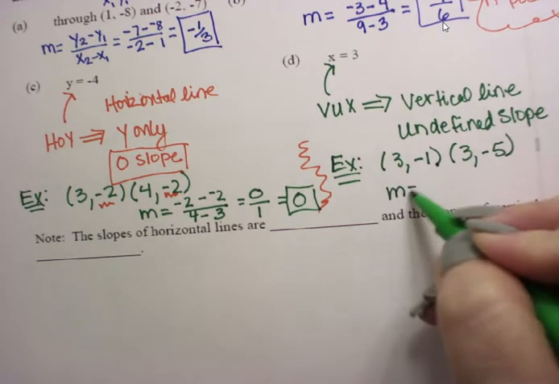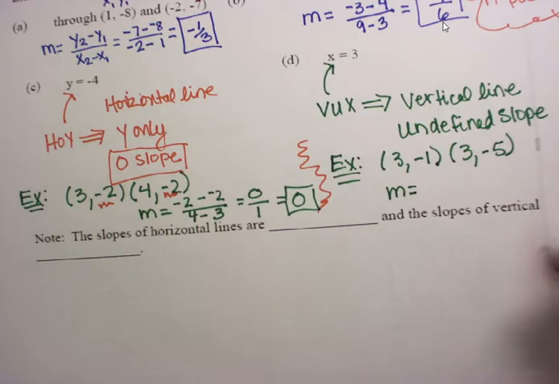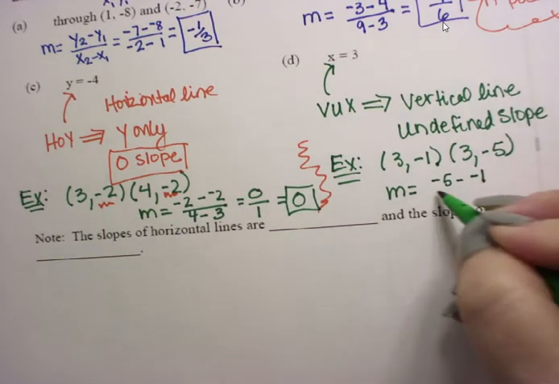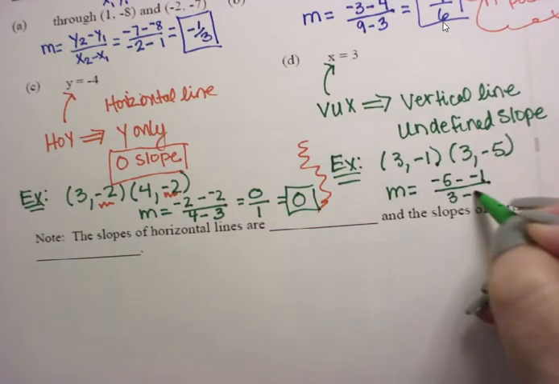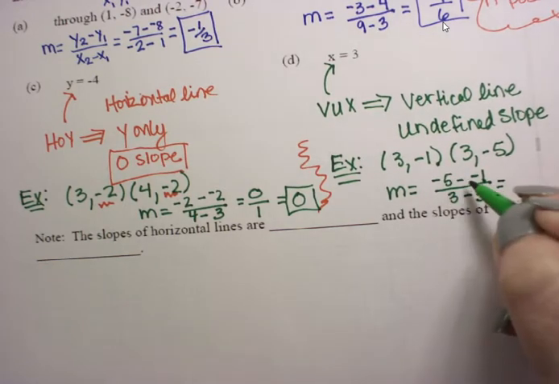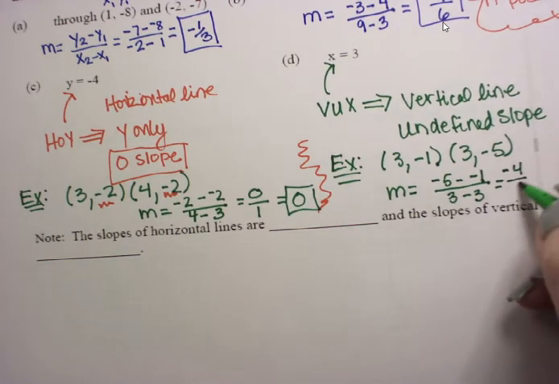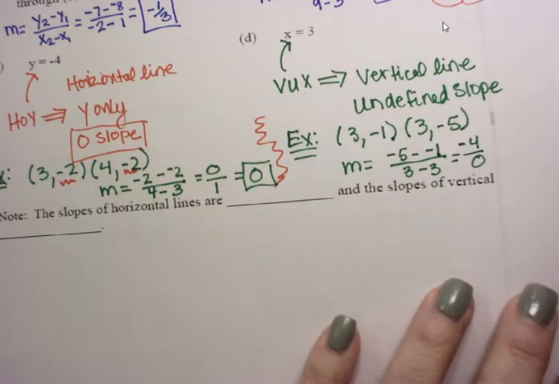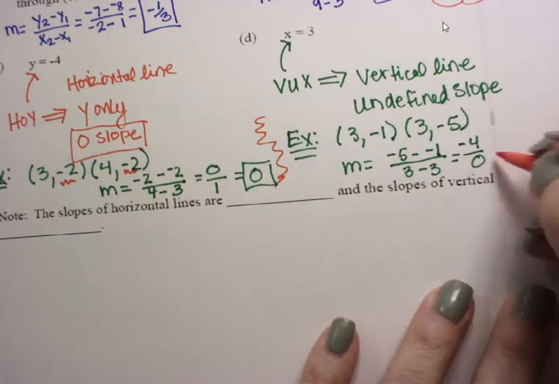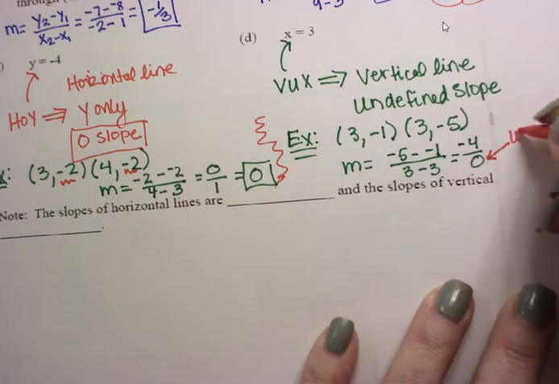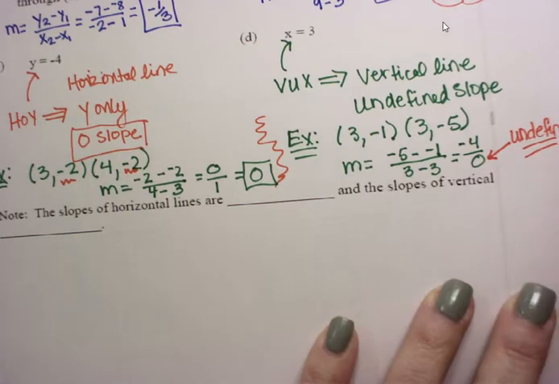If we find the slope, we would do -5 subtract -1 over 3 subtract 3. -5 subtract -1 is -4 over 0. Friends don't let friends divide by 0. Okay, so right here, we can't do this. So that means it is undefined. So this would be a vertical line.